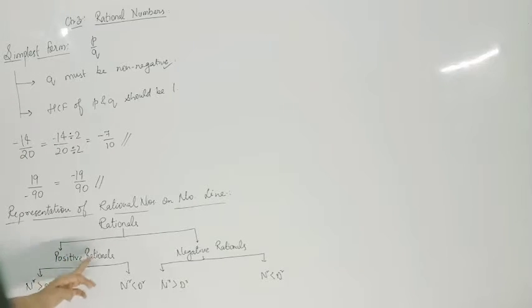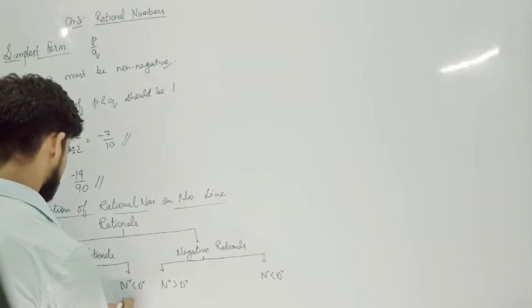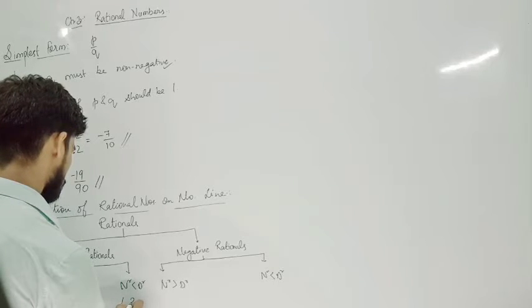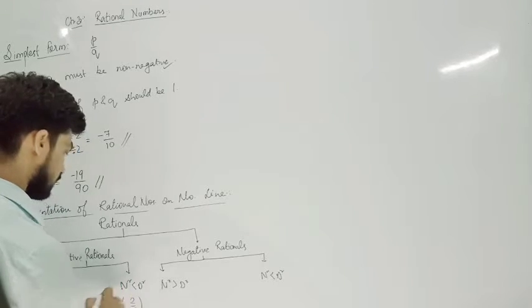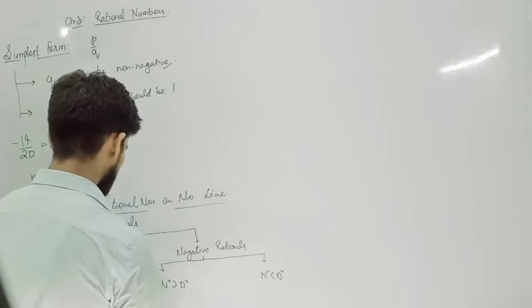Numerator is greater than denominator for positive rationals. Suppose 7 by 4. Here, suppose 2 by 5. This is the negative one.